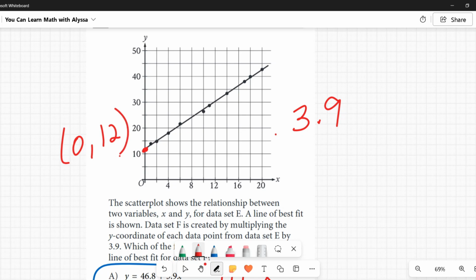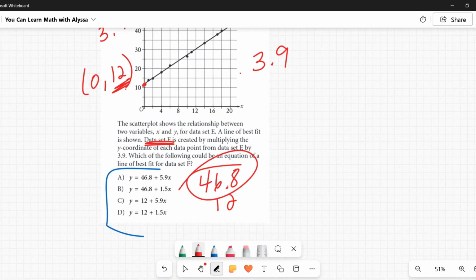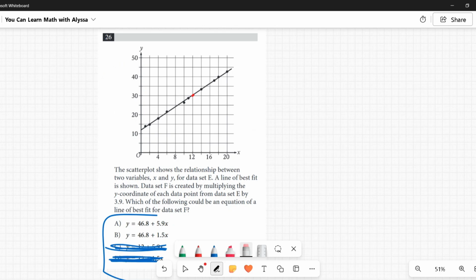But I know for our new data set F, they multiply just the y-coordinate by 3.9. So I need to multiply 12 by 3.9, and what do I get? I get 46.8. Okay, so now I know that these two are out. That y-intercept cannot be 12. It must be 46.8.